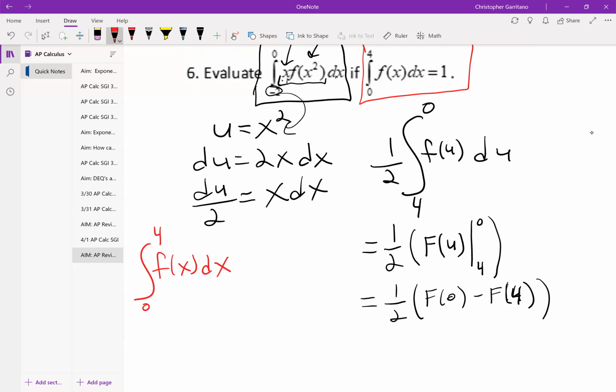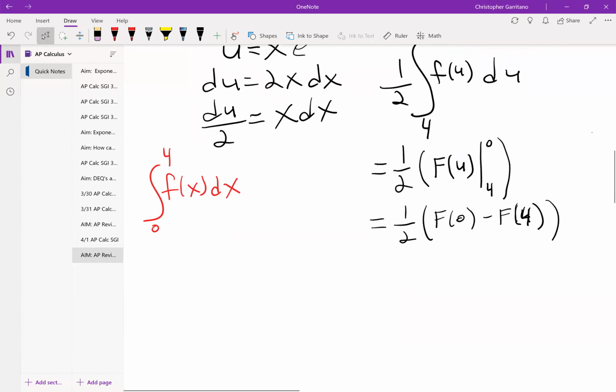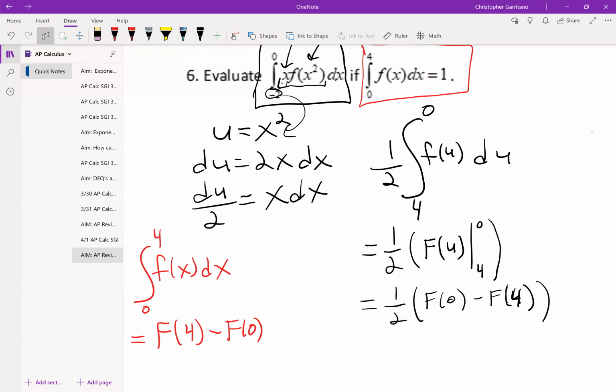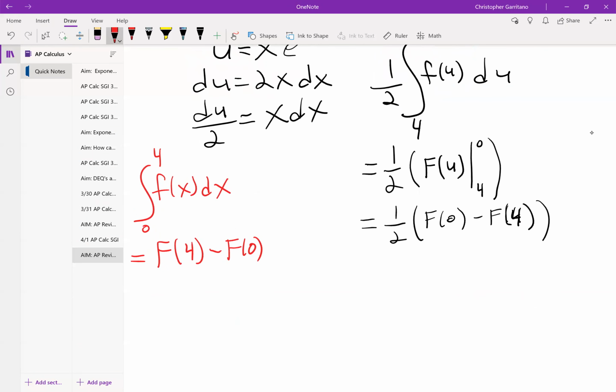We're told that this expression is equal to 1. Well, the fundamental theorem of calculus tells us that this expression can be written as big F of 4 minus big F of 0. And again, we are told up here that that is equal to 1.